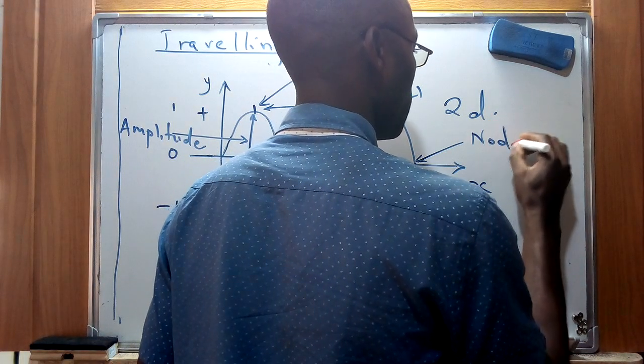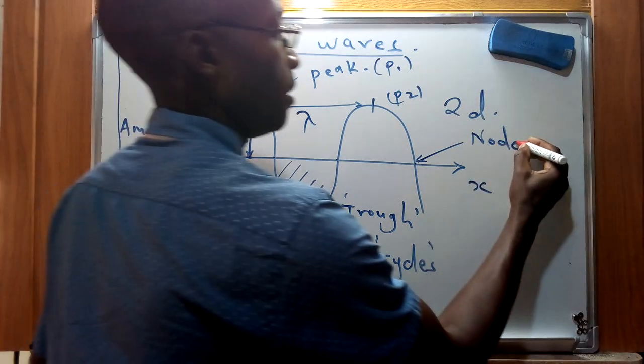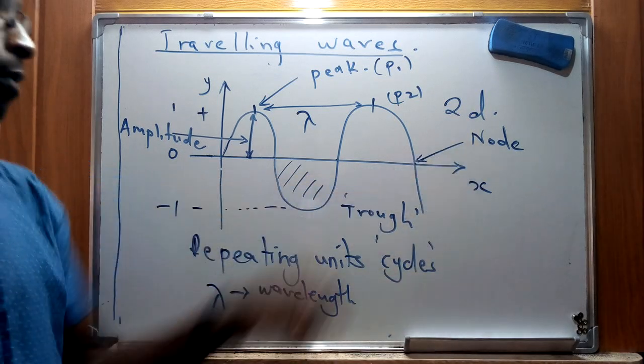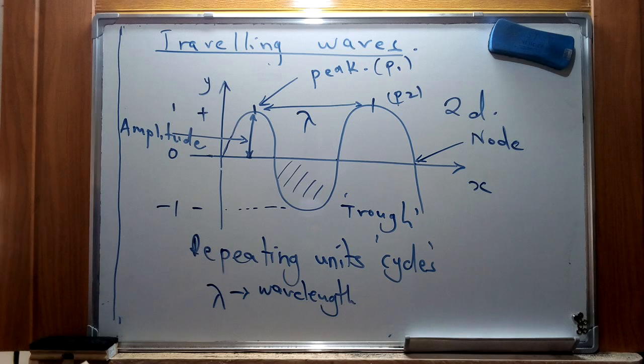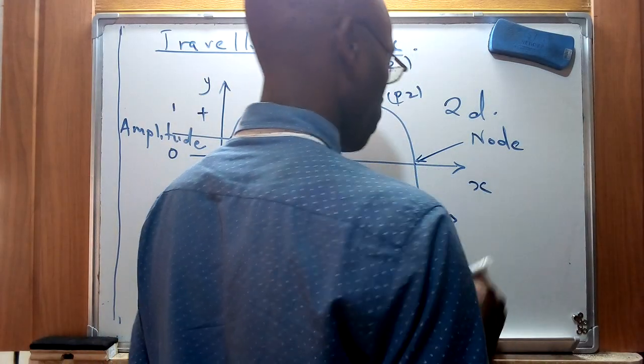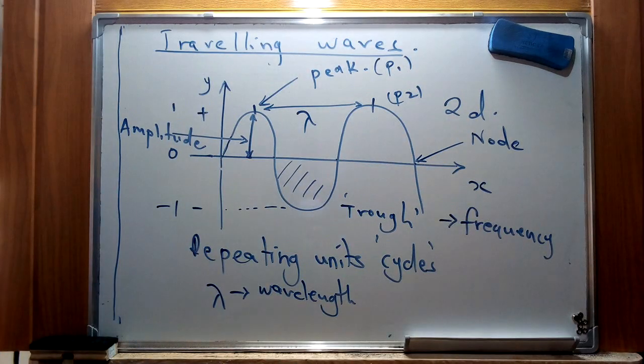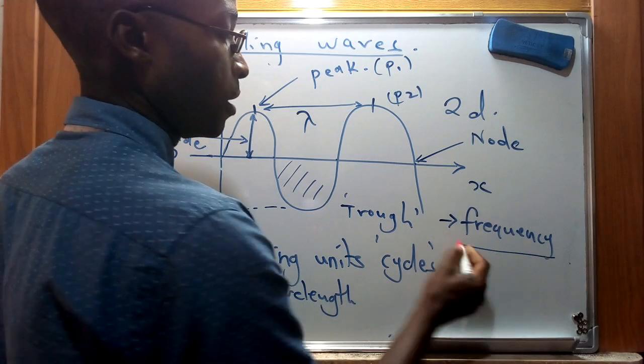So a single point at the junction between this moving wave and the x-axis is referred to as a node. Now we had talked about some characteristics of a traveling wave in one of our videos, and one of them is that a wave possesses what we call a frequency. Frequency refers to the number of cycles experienced by this wave per second.